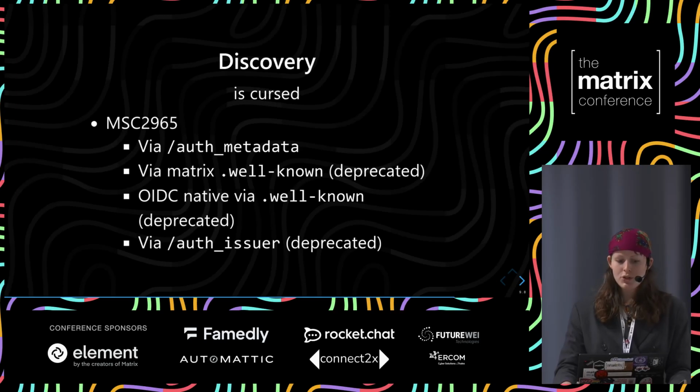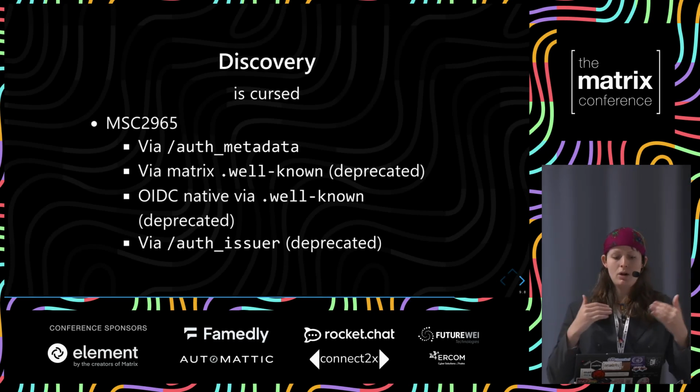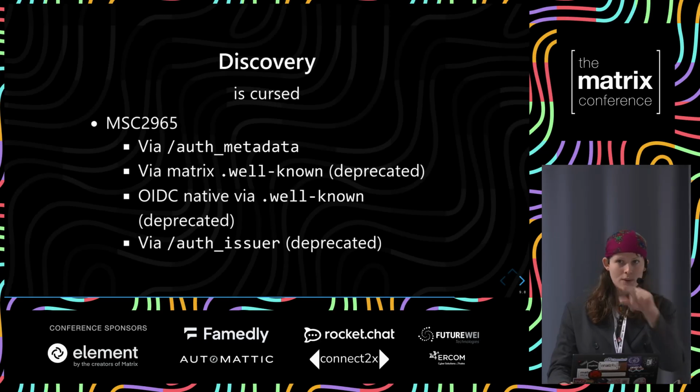We had the implementation doing the OIDC way of using the .well-known/openid-configuration, where we are requesting the well-known from OIDC rather than Matrix for discovering the authorization metadata we need.